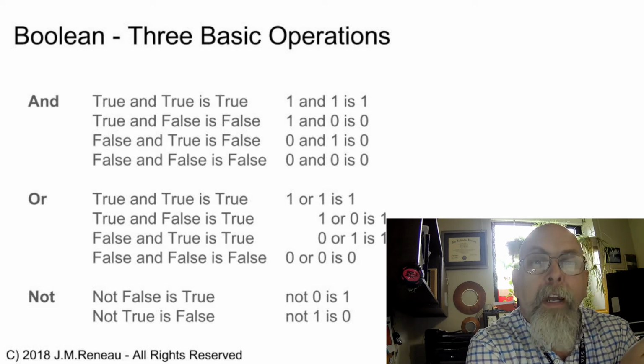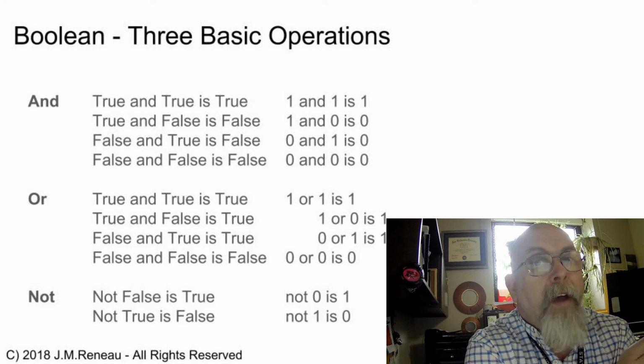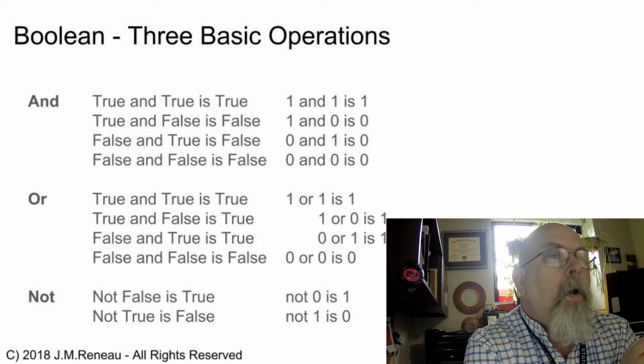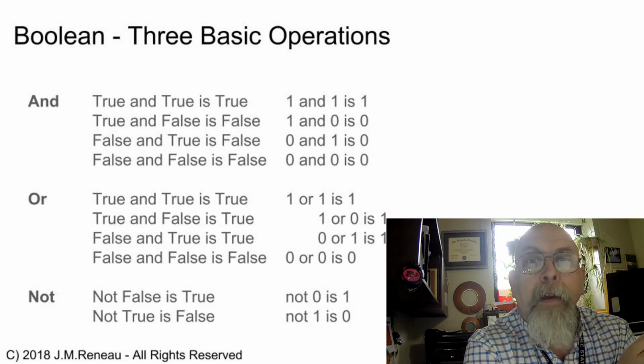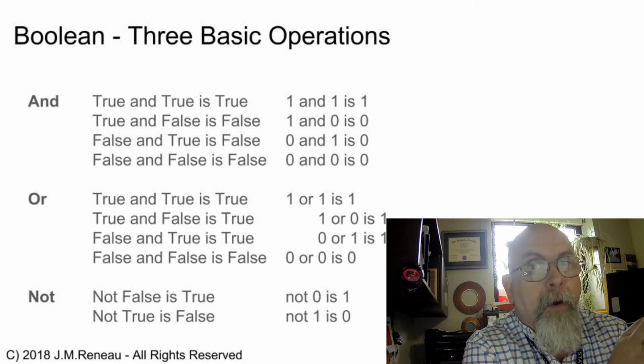And is true if both values are true, this and this. If either or both values are false, the result of an and is false. So you can think that and is, if they are both true, it's true. Otherwise, it's false. We can think of and as Boolean multiplication.